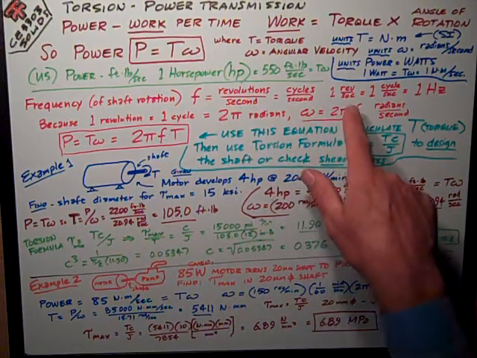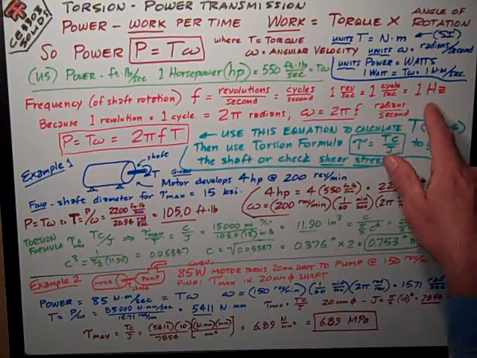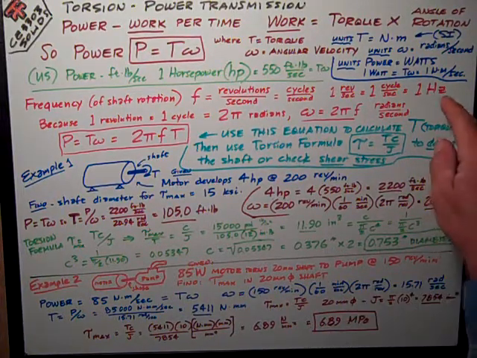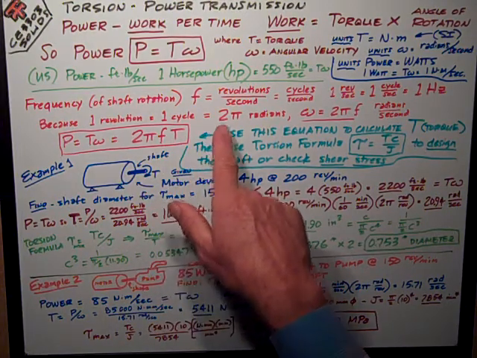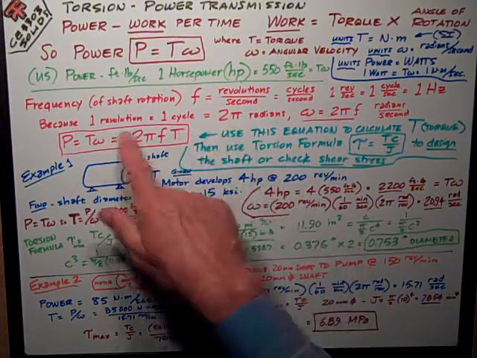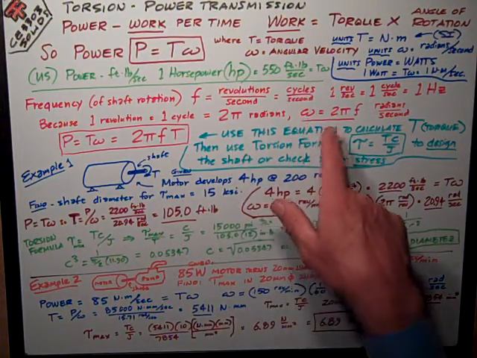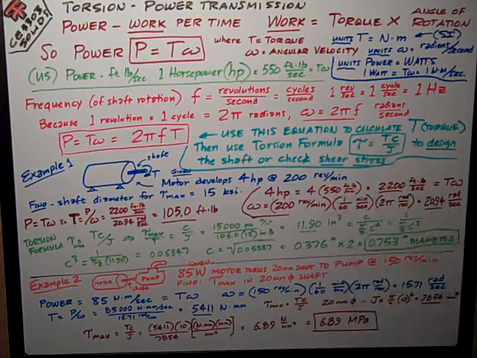So 1 cycle per second is equal to 1 hertz. Because 1 revolution is equal to 1 cycle is equal to 2 pi radians all the way around the circle, omega can be rewritten as 2 pi times the frequency, radians per second.